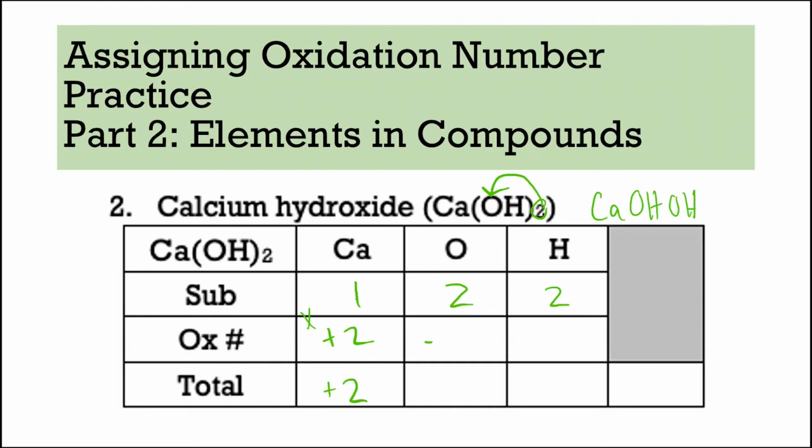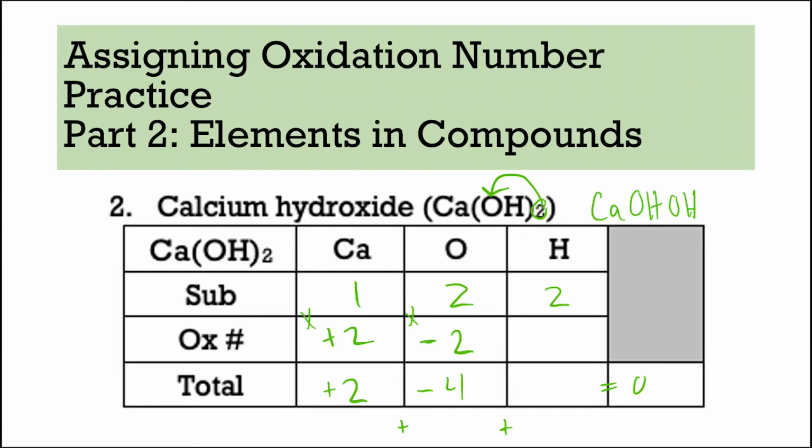Oxygen, we know, is negative 2. And if we have 2 of them, 2 times negative 2 is negative 4. And we know that positive 2 plus negative 4 plus something gives you 0.